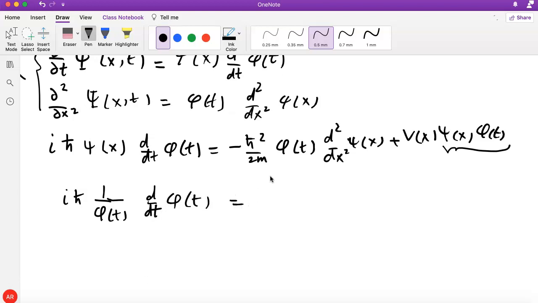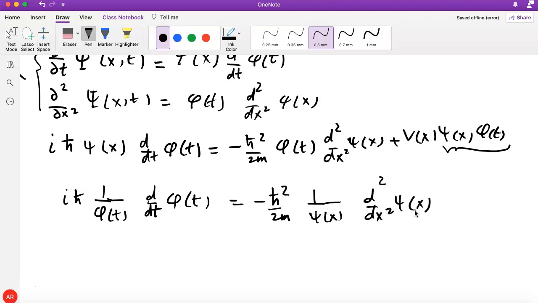That's now equal to minus h bar squared over 2m. Phi of t divided by phi of t times psi of x is 1 over psi of x. Right, again the phi of t cancels out. Second derivative with respect to x of psi of x. And then here, this just goes away, so I have V of x.